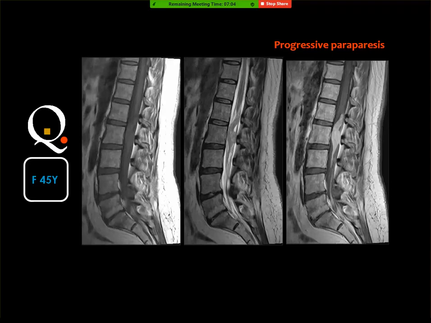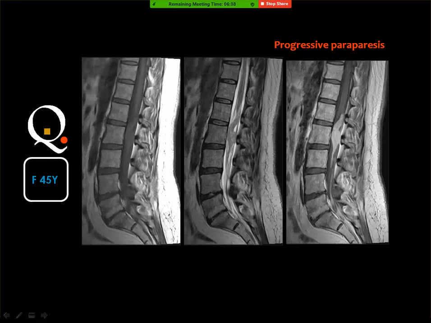Yes, and you see a lesion of intermediate signal in the T1 and in the T2 with significant post-contrast enhancement. Then what do you think of this lesion? Is it a meningioma? Maybe it is a meningioma. Is it an exophytic ependymoma?